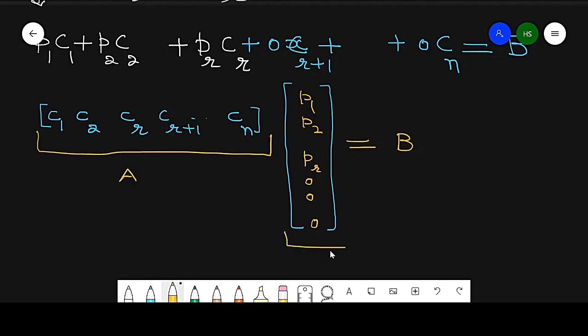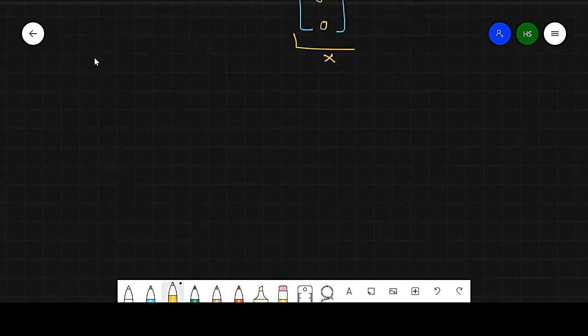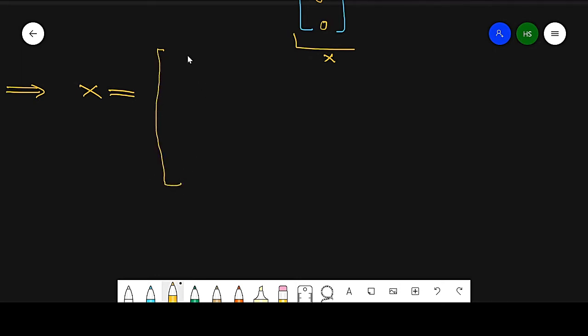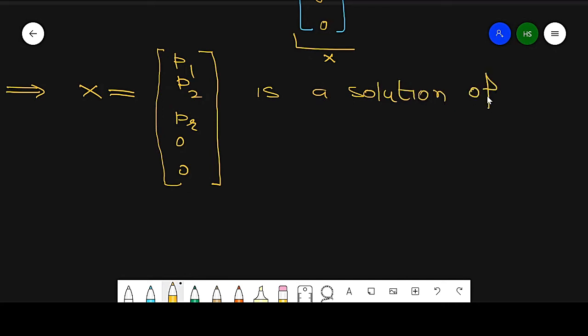And what is this? This is the X matrix. So it means it is a solution of AX equal to B. From this we get that this X matrix, which is P1, P2, up to PR, 0, 0, is a solution of the system of equations AX equal to B.